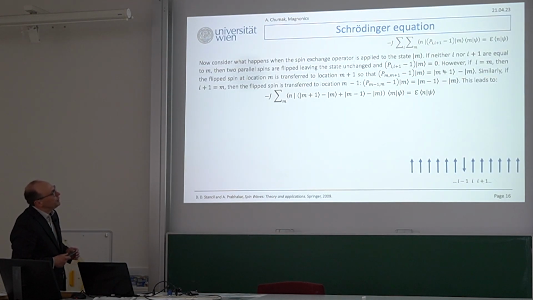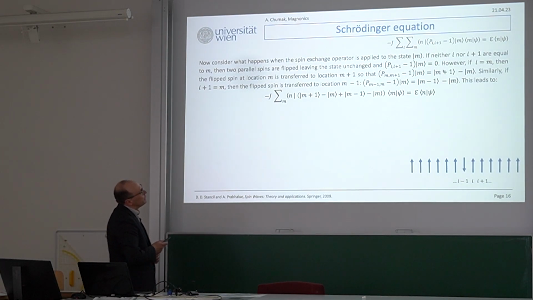So how do we simplify it? First of all, we need to consider the following. If neither i nor i plus 1 is equal to m, then two parallel spins are exchanged, leaving the state unchanged.